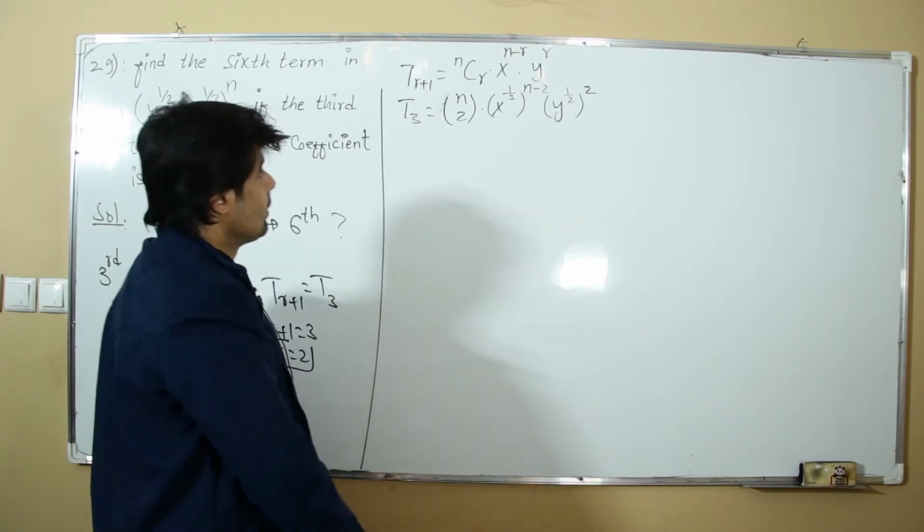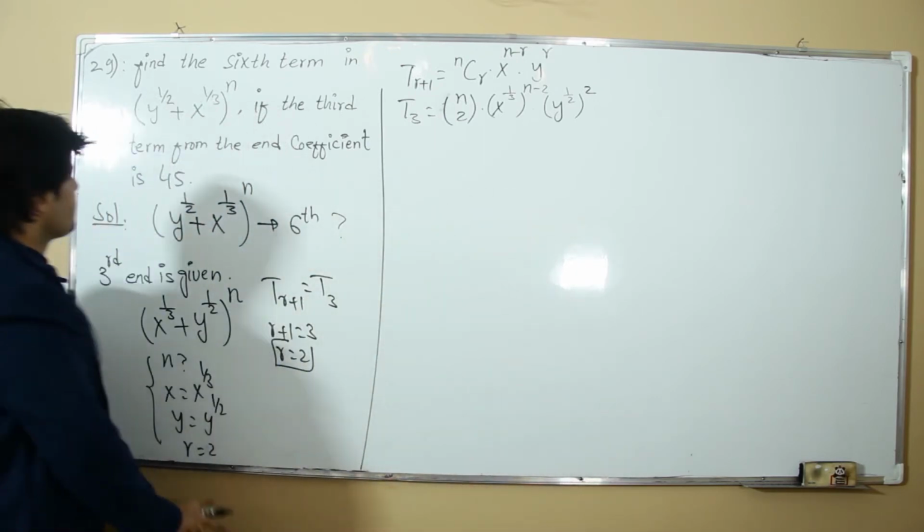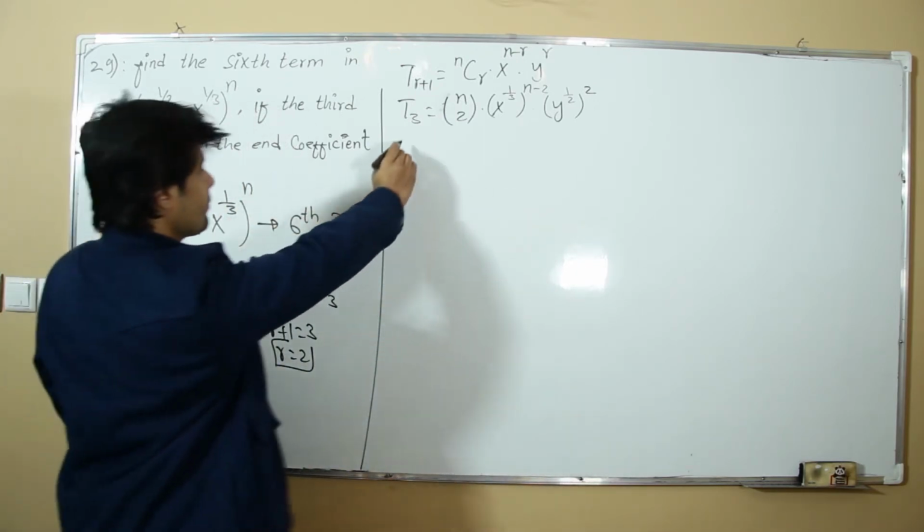Am I right? Now the T3 coefficient is given as 45.